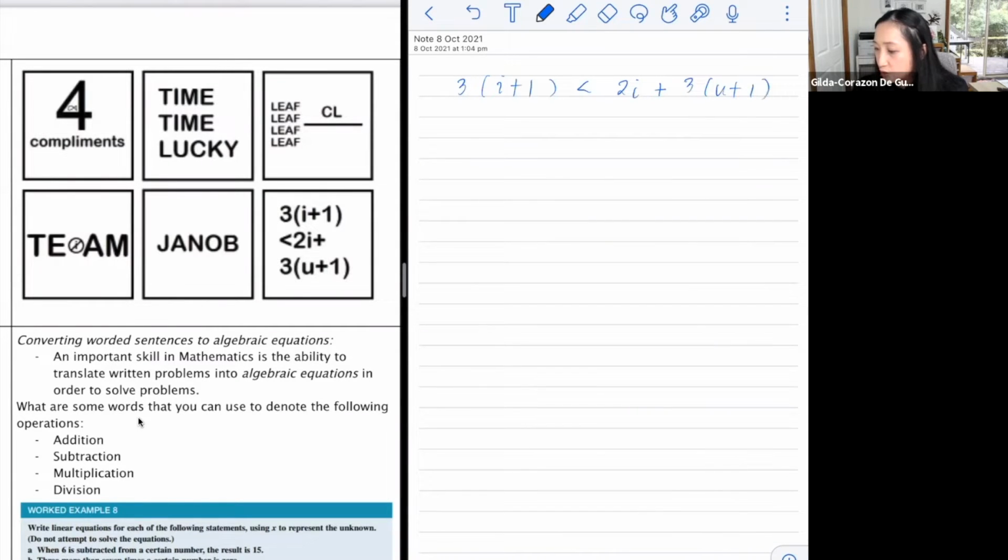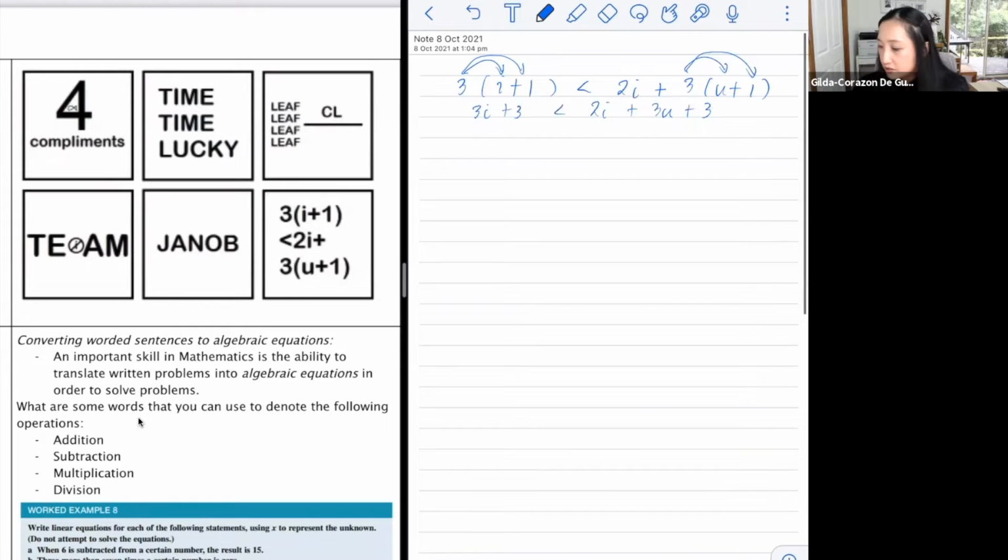So what we need to do here is to expand or distribute these onto each of the terms inside the brackets. 3 times I is 3I. And then 3 times 1 is 3, less than 2I plus 3U plus 3.